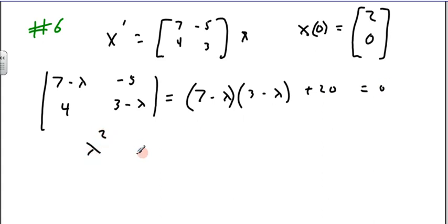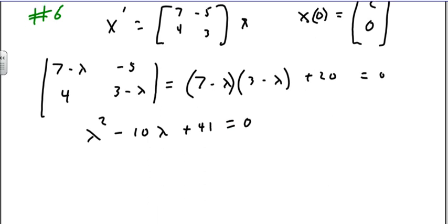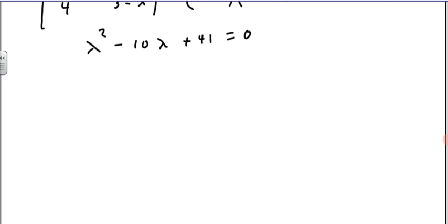Lambda squared minus 10 lambda plus 41 is equal to 0. So I'm going to use the half quadratic formula.